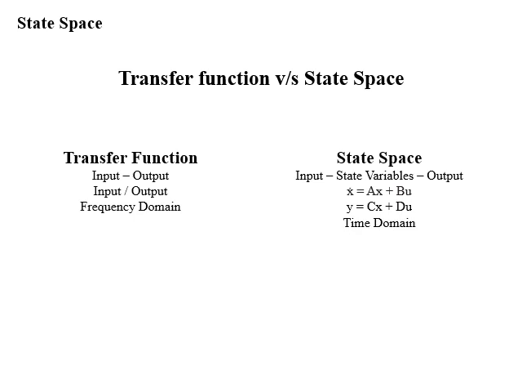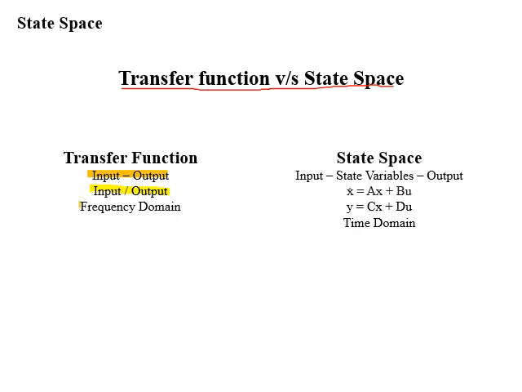Dear students, now we will discuss some basic differences between transfer function and state space. Transfer function is the relation between input and output, or it is a ratio of output divided by input.